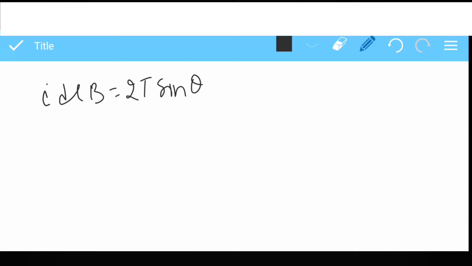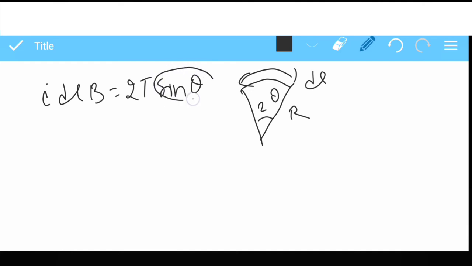Now remember, this is the angle 2 theta, this length is dl, and the radius is r. This is done for a small angle, so sin theta can be replaced by theta, and this becomes T into 2 theta.